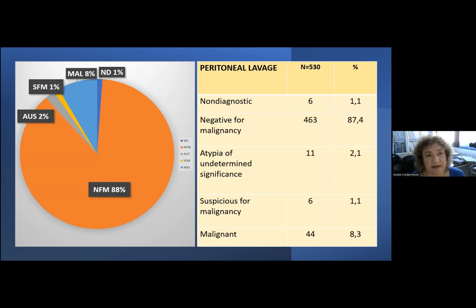For the peritoneal lavage or washings, the situation was different. We had only 1% non-diagnostic. Majority were negative for malignancy, almost 90%, 2% atypia of undetermined significance, 1% suspicious for malignancy, and 8% malignant.